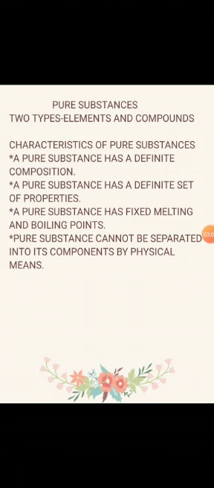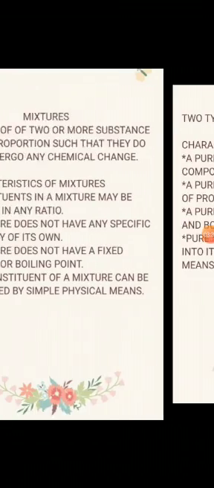But we cannot separate them by any physical means. Physical means, by breaking or separating them manually, physically. That is not possible for the constituents or components present in a pure substance.